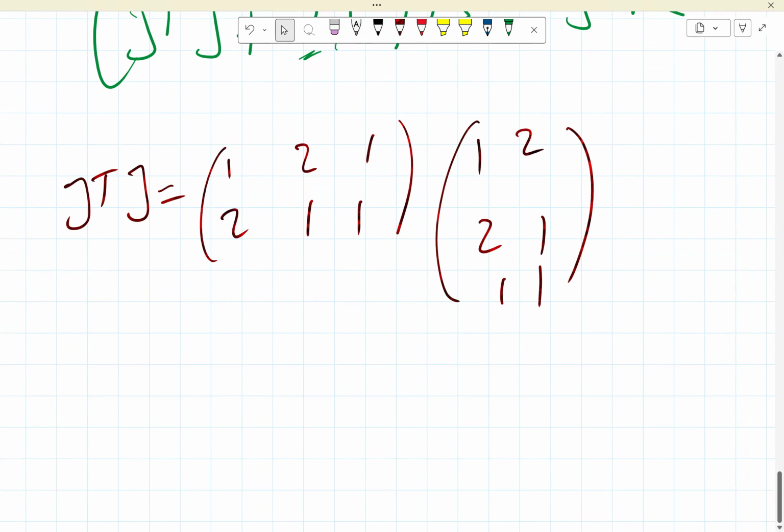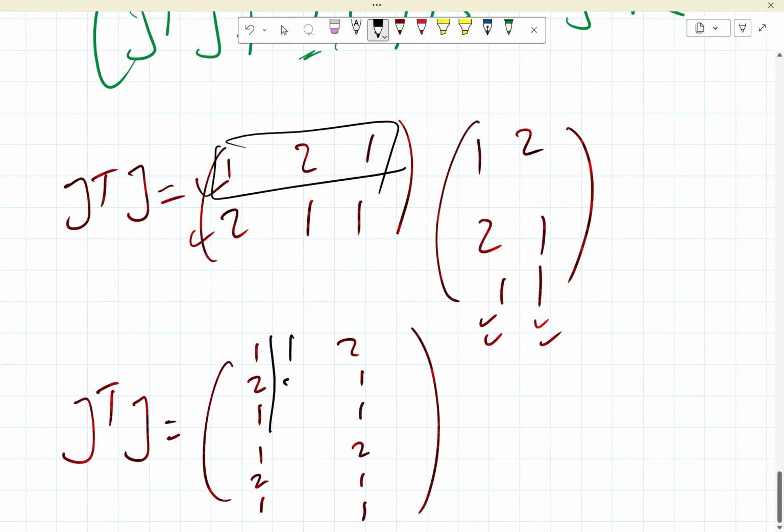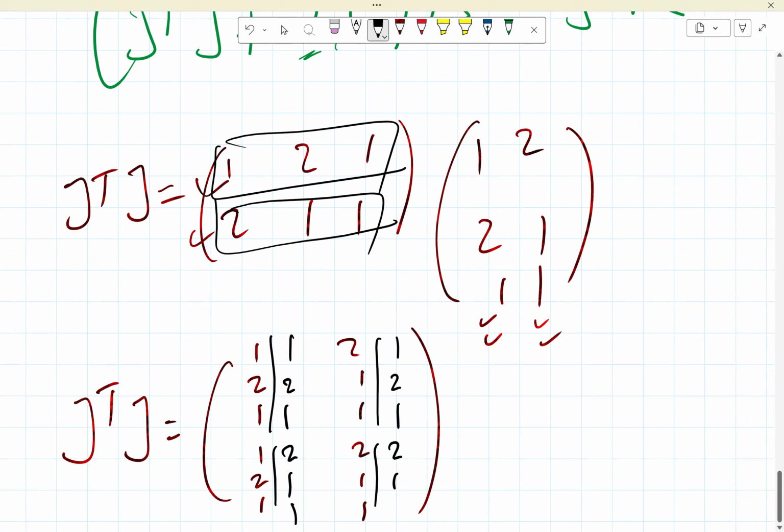And that's easy. Because this one is in two rows, we write this twice, and we multiply them out.